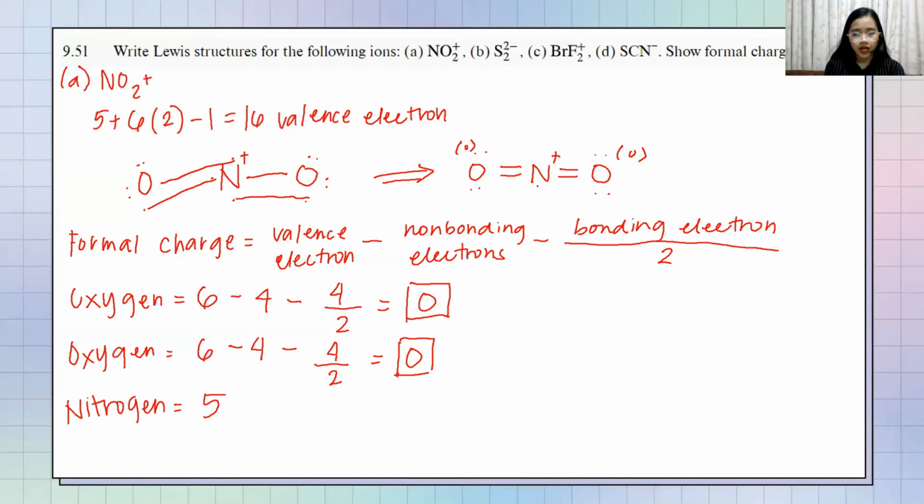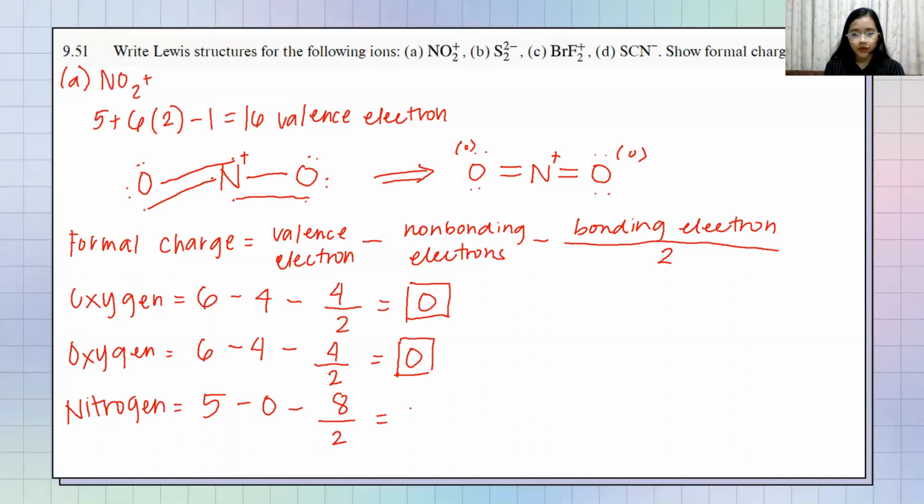We can see here that nitrogen has no non-bonding electrons, so we put 0 here. And then calculate the bonding electrons. So 2, 4, 6, 8, a total of 8 bonding electrons over 2.